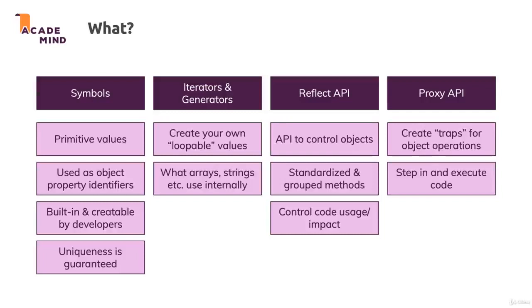Again, for this meta level where you might want to track property access or make sure the objects your library exposes are used properly. So again, it's an API that allows you to control how your code is used and which impact it has. Now let's see it in action.